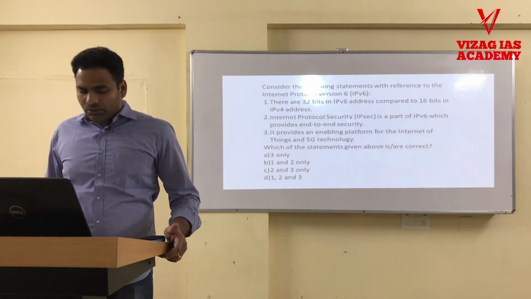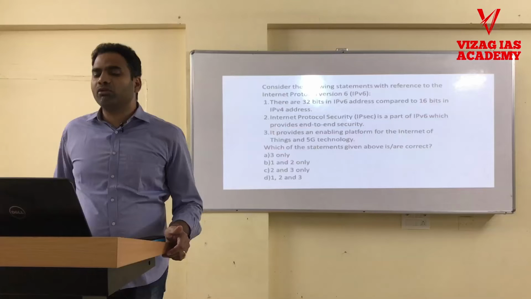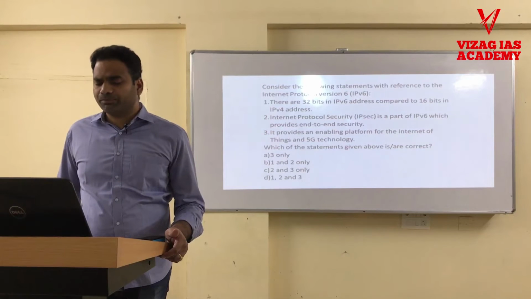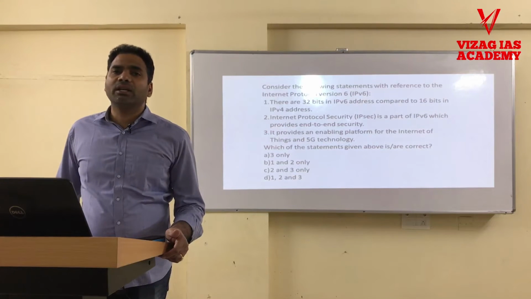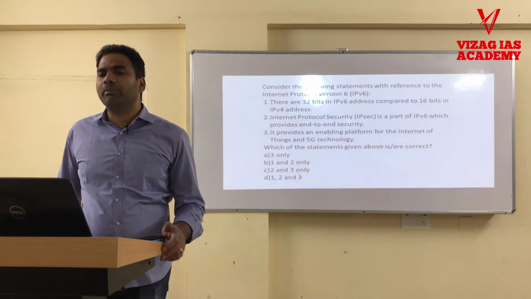Okay. So, consider the following statements with reference to IPv6, Internet Protocol version 6. There are 32 bits in an IPv6 address compared to 16 bits in IPv4. No, it is 128 bits. Internet Protocol security is part of IPv6, which provides end-to-end security. Yes, IPv6 comes with IPsec.